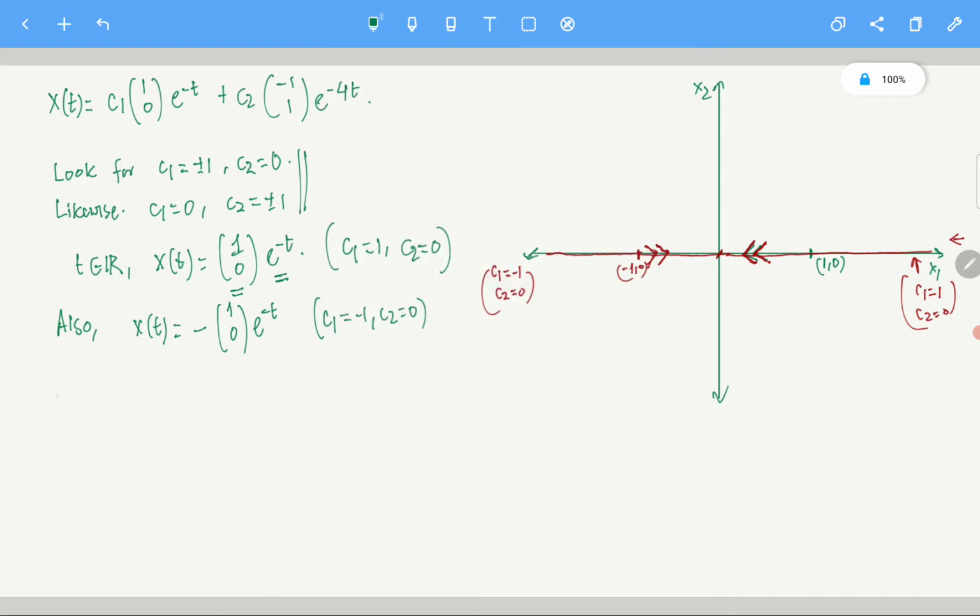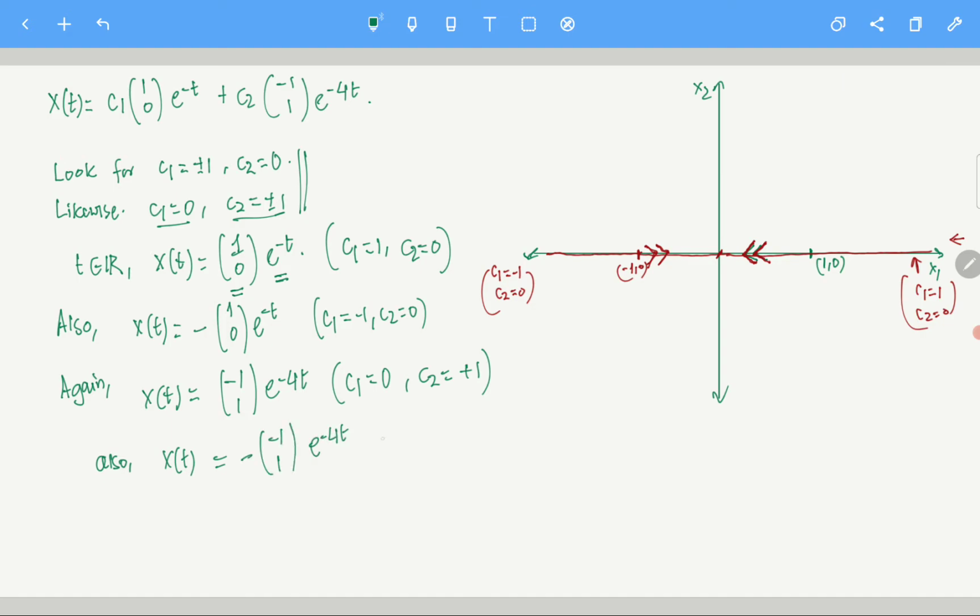Now again, if c1 is 0 and c2 is plus or minus 1, then x of t, since c1 is 0, this part is not there. With c2 plus 1, it is (minus 1, 1) e power minus 4t. And also x of t is minus (minus 1, 1) e power minus 4t, for c1 is 0 and c2 is minus 1.